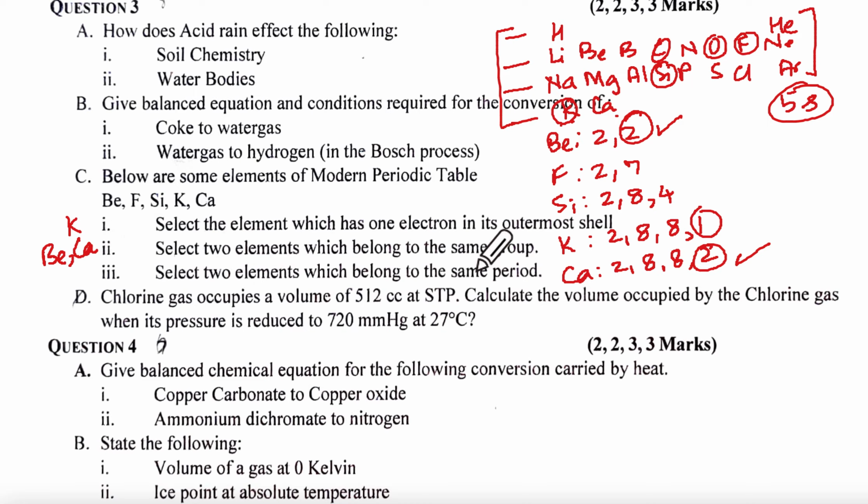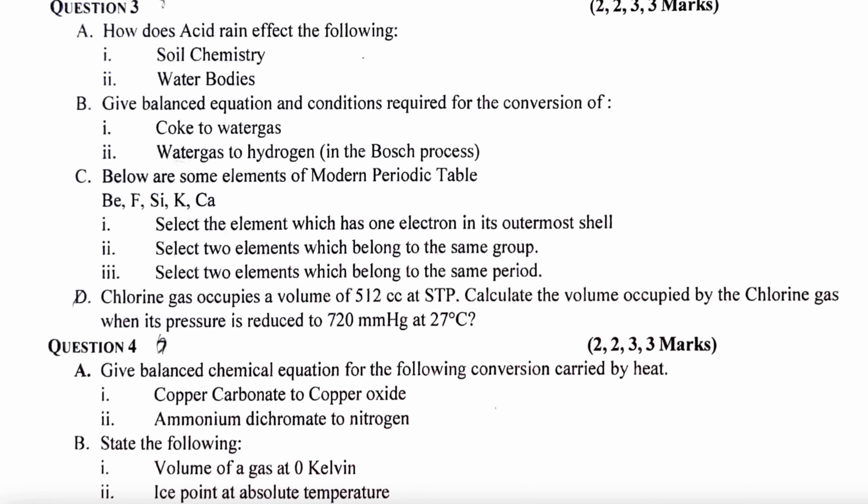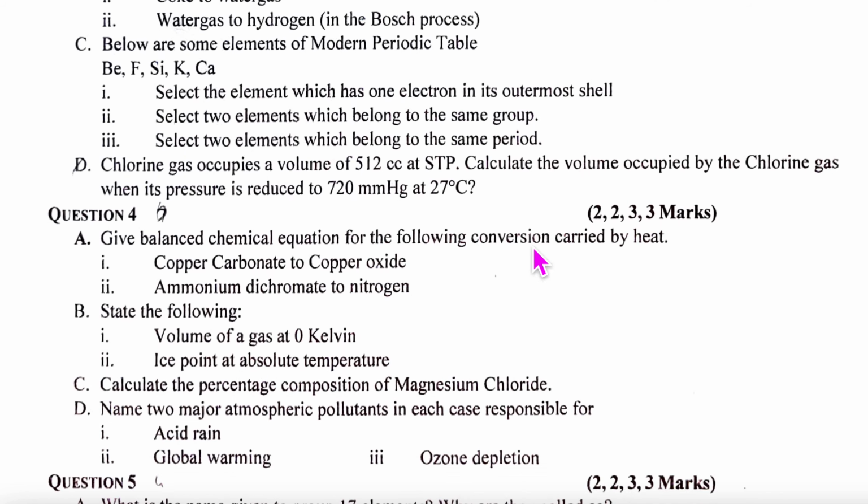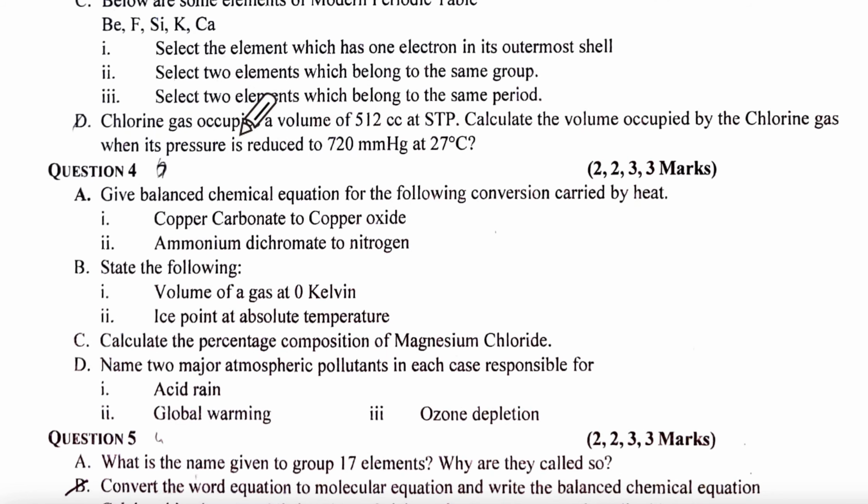Two elements in the same period means same number of shells. Can you see 4 shells, 4 shells? How was it? Did you understand how to think? Yes, okay. We come to the next one.